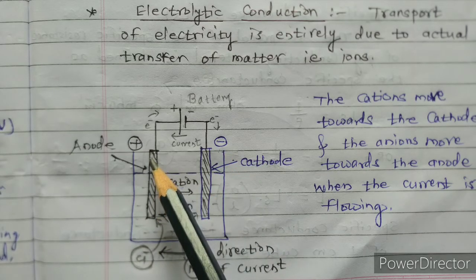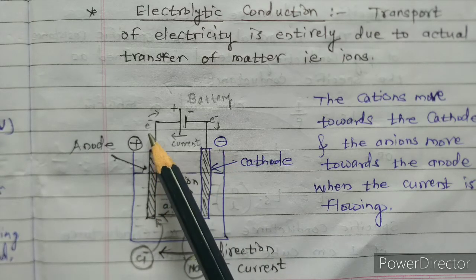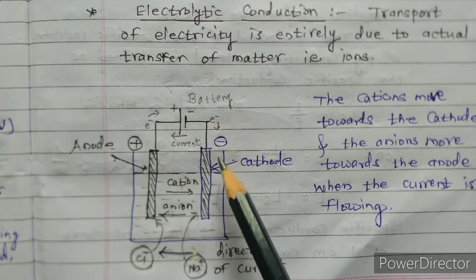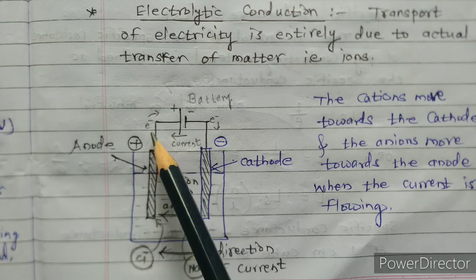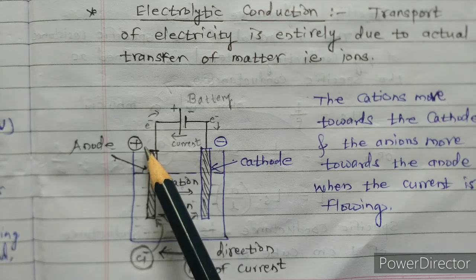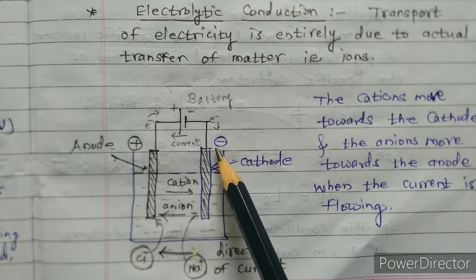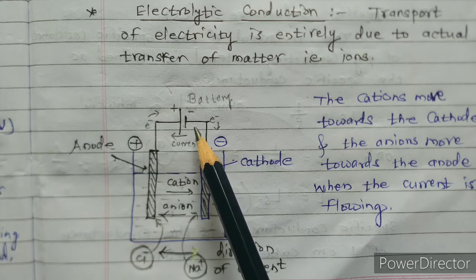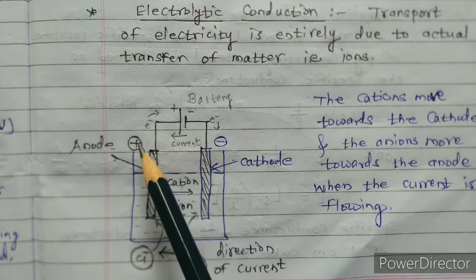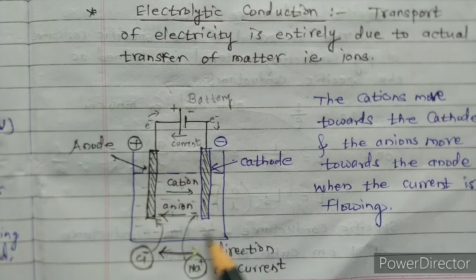At the anode electrons are generated, they pass through the battery towards the cathode, and hence the direction of electron flow is from positive anode to negative cathode, and the direction of current is opposite of that, from the negatively charged cathode towards the anode. So this is the phenomenon of electrolytic conduction.